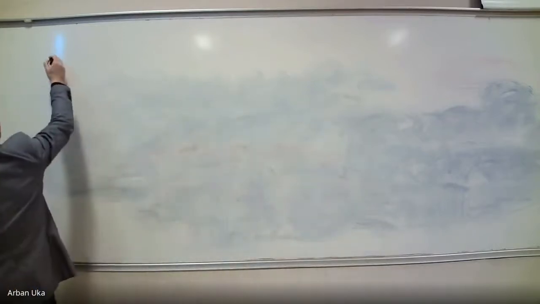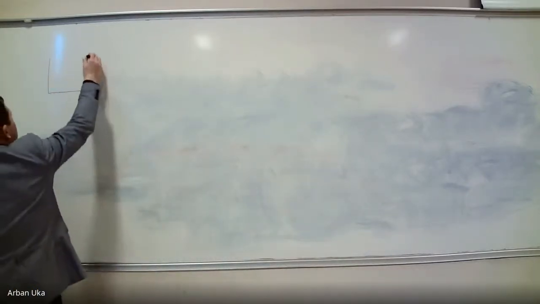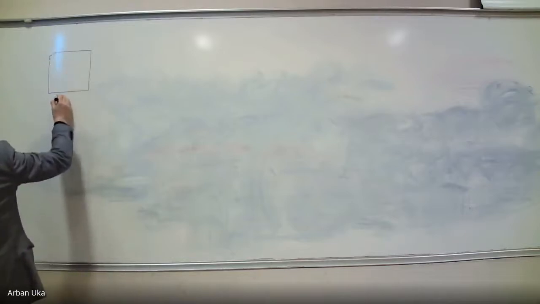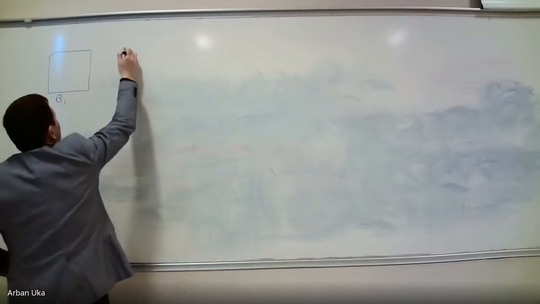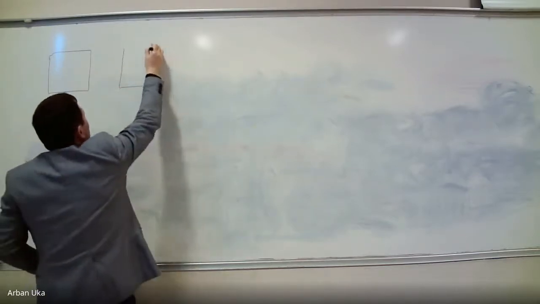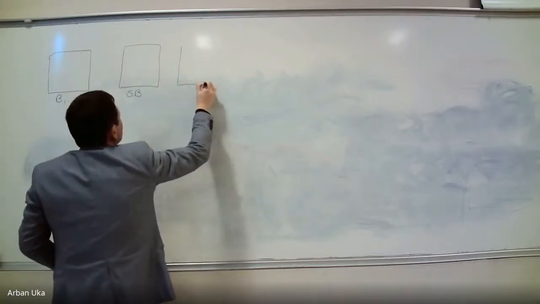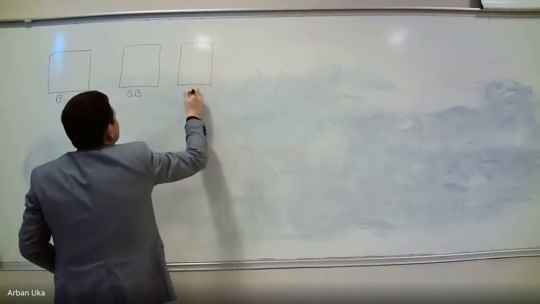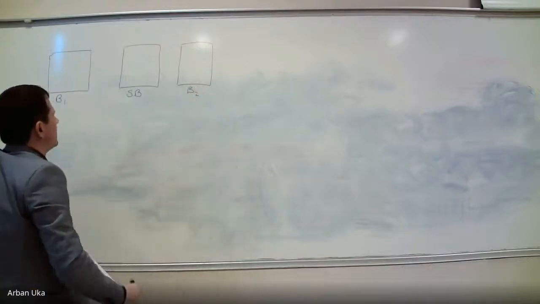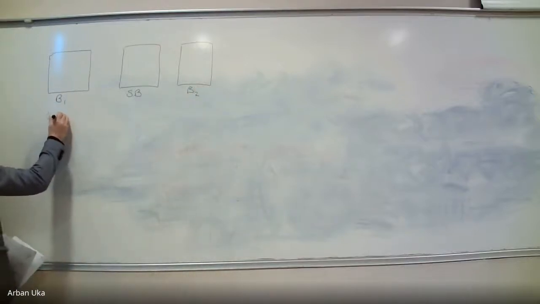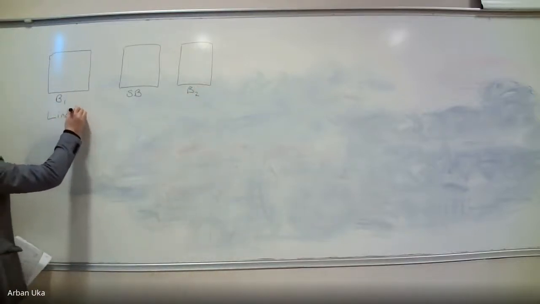So let me try to draw here. Let's assume that we have a basis B1, and then here we have a standard basis SB, and then we also have another basis B2. So far, we have studied the linear transformations.